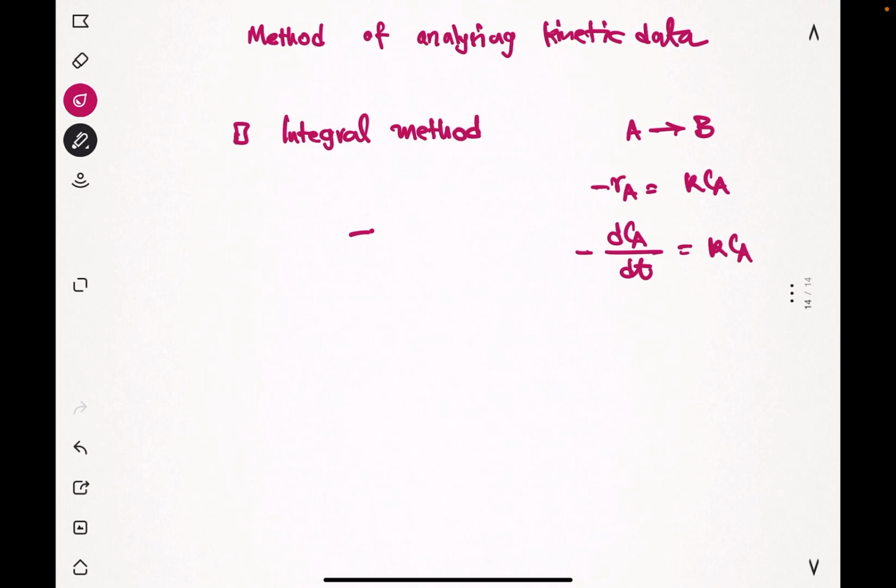Okay, the other method is known as the differential method. In this method, we fit the experimental data directly without performing any integration. So we see the rate expression is already in a differential equation form.